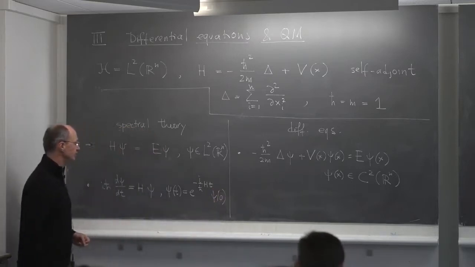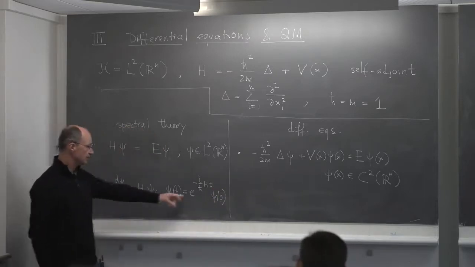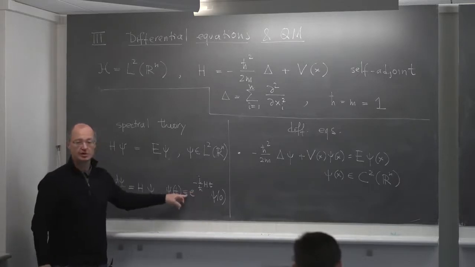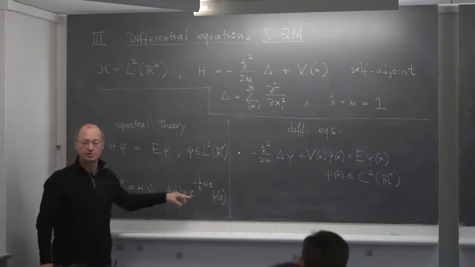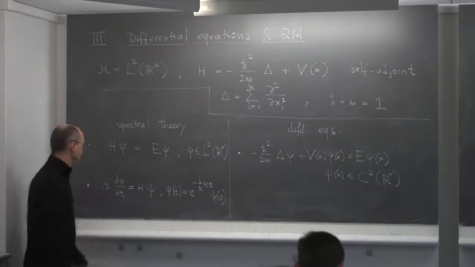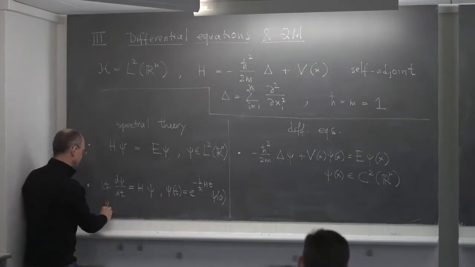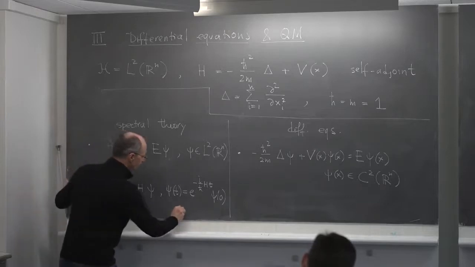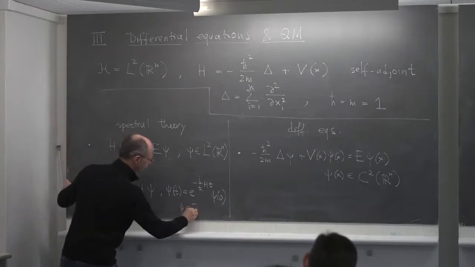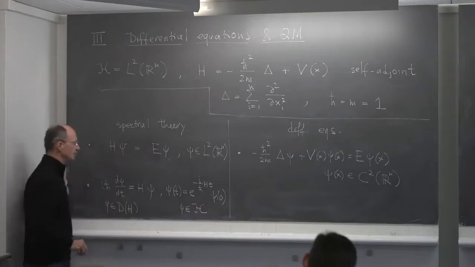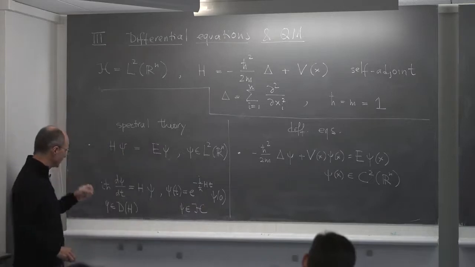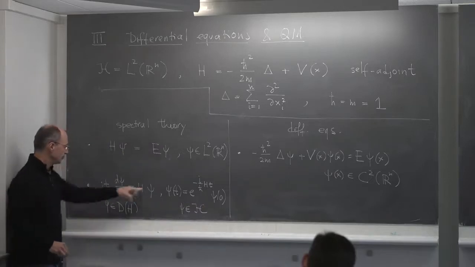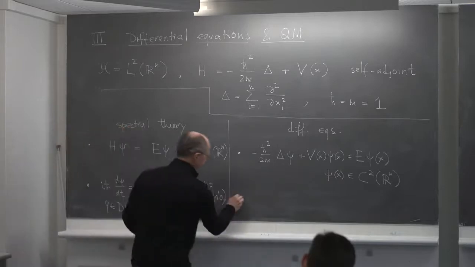So this is the evolution operator. And since this guy is unitary, this equation is now defined over all of L2. So here psi should be in the domain of H, but here psi may be in all of the Hilbert space.